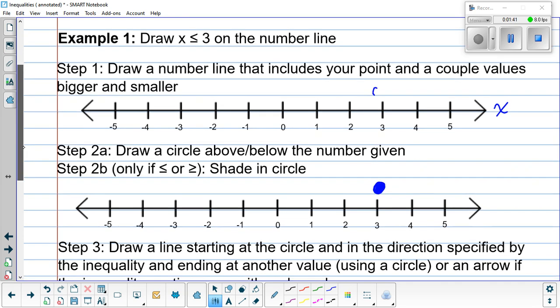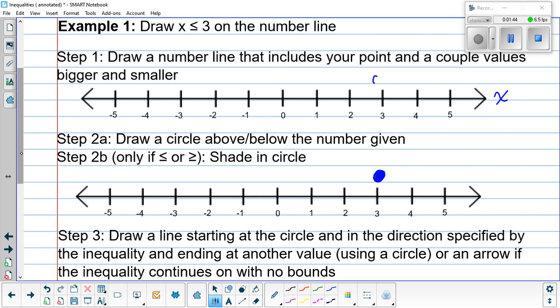Step 3 is draw a line starting at the circle and in the direction specified by the inequality. Well, we're less than or equal to 3, so we're going to start this direction and end at the other value using a circle. Do we have an end value? No, we're going to keep going.